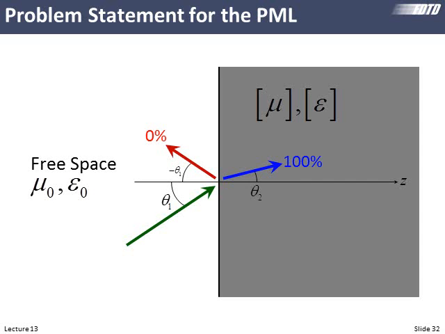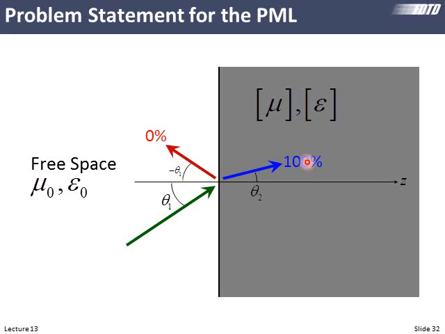So let's set up our problem. We have our problem space, and we'll say that that's air, and we're going into our PML region, which has, at this point, some magical permeability and permittivity. And we come in at some angle theta 1, and we refract into theta 2, and we reflect at an angle of negative theta 1.